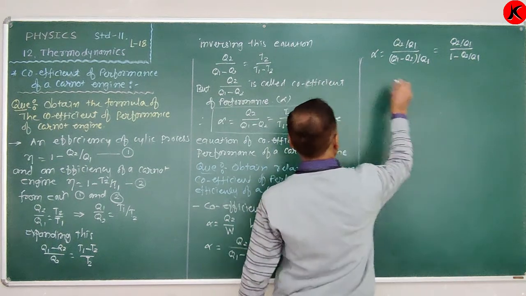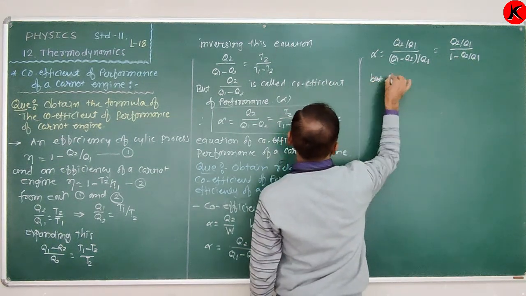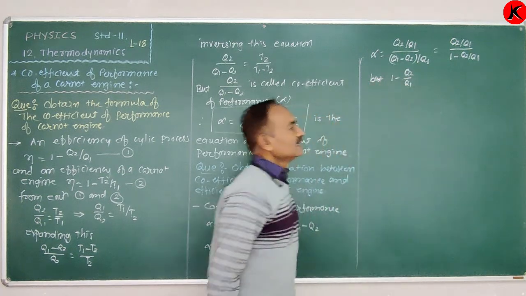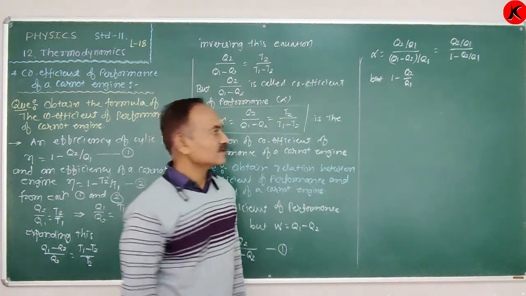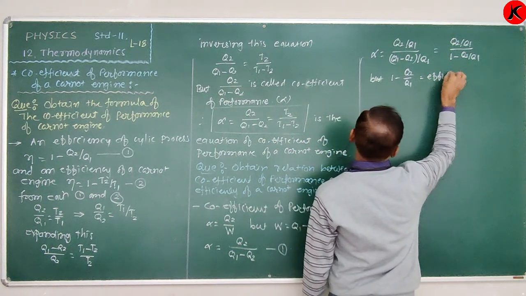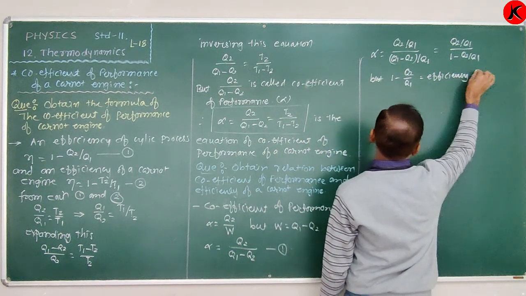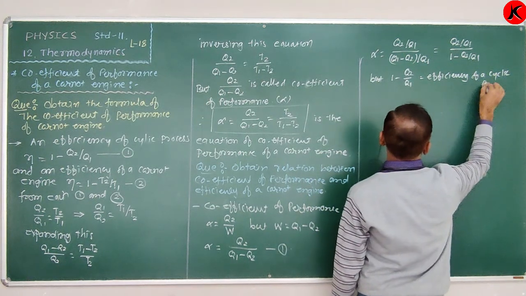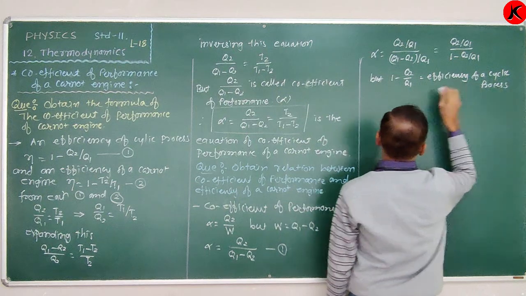But we know that 1 minus Q2 upon Q1 is the efficiency of a cyclic process, and that is denoted as eta.